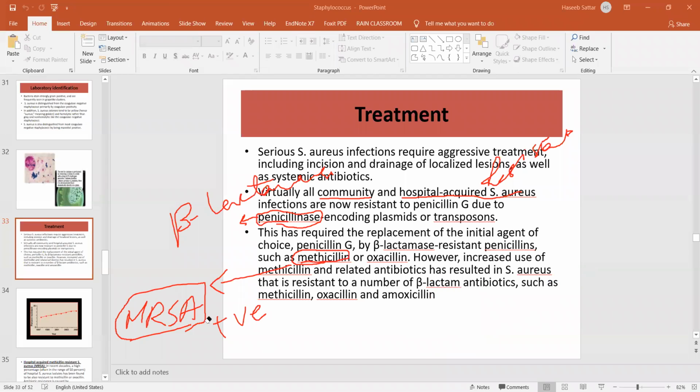According to their resistance, MRSA can be classified into two types: community acquired MRSA and hospital acquired MRSA.